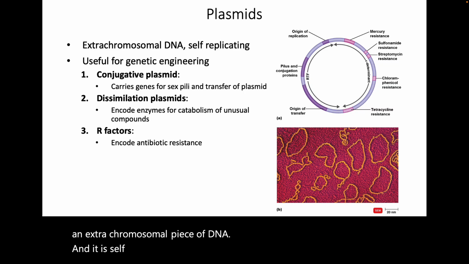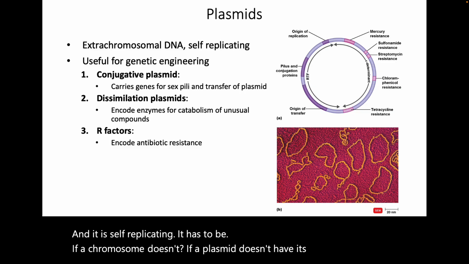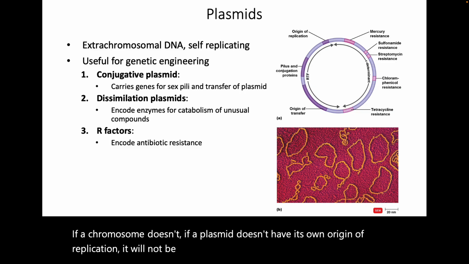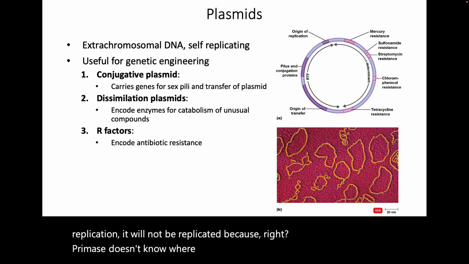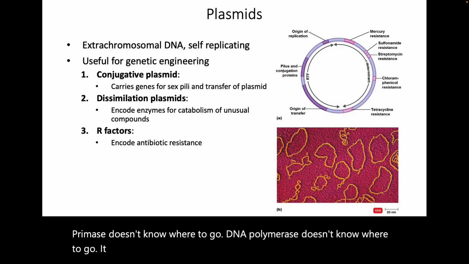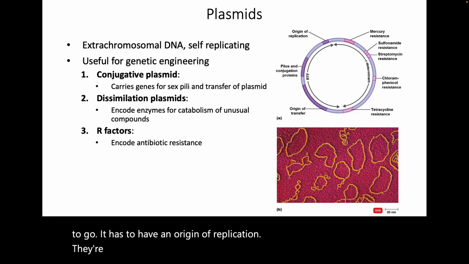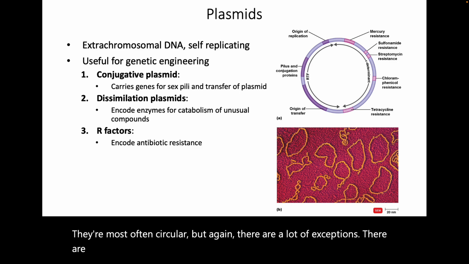It has to be. If a plasmid doesn't have its own origin of replication, it will not be replicated because primase doesn't know where to go, DNA polymerase doesn't know where to go. It has to have an origin of replication. They're most often circular, but again, there are a lot of exceptions.